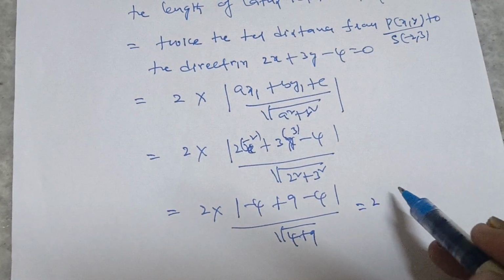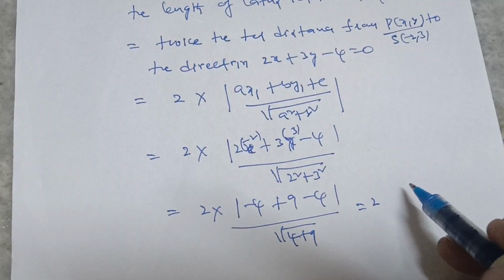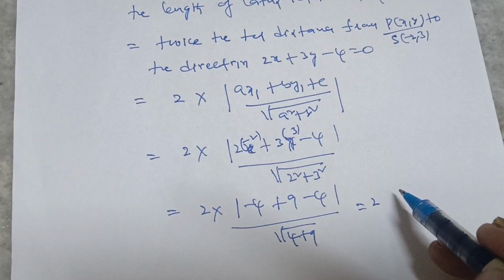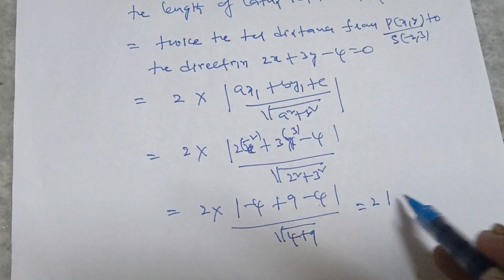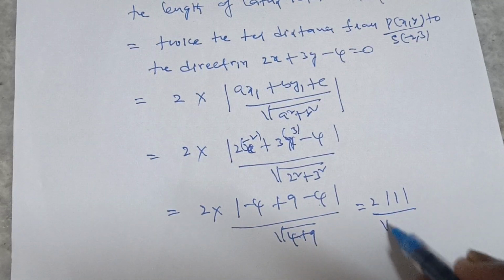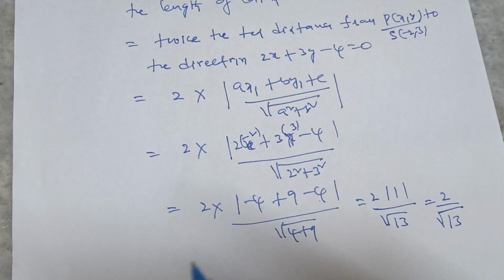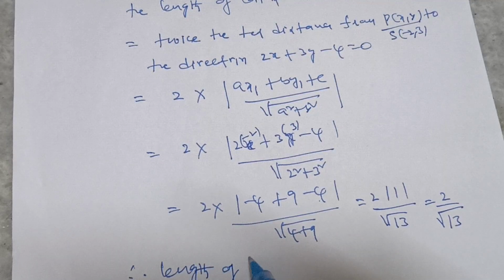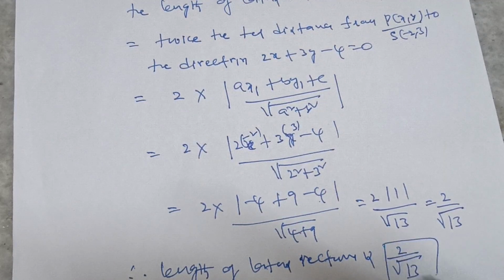So 2 into minus 8 plus 9, that is 1 by root 13, which equals 2 by root 13. Therefore the length of the latus rectum is 2 by root 13.